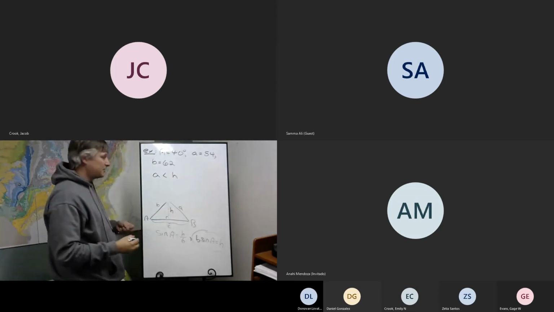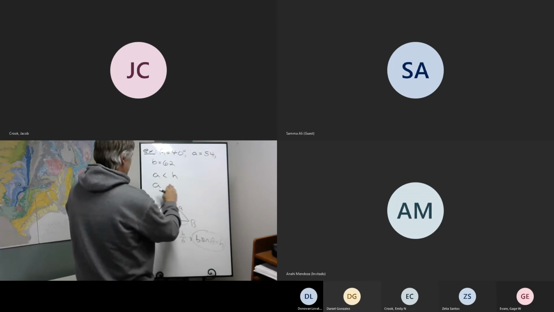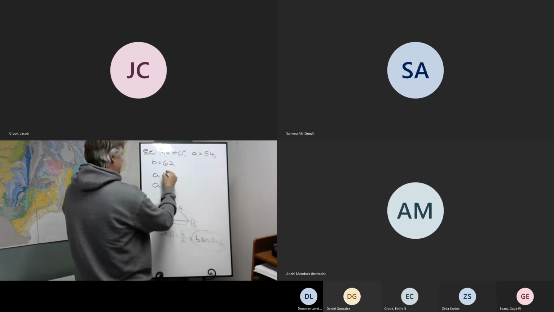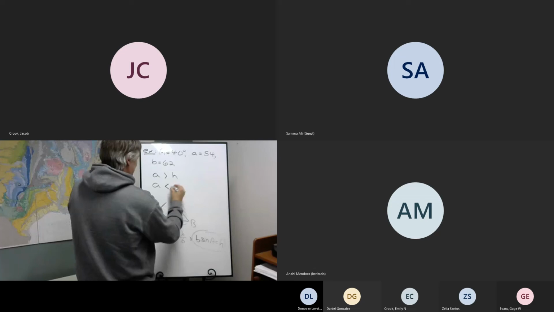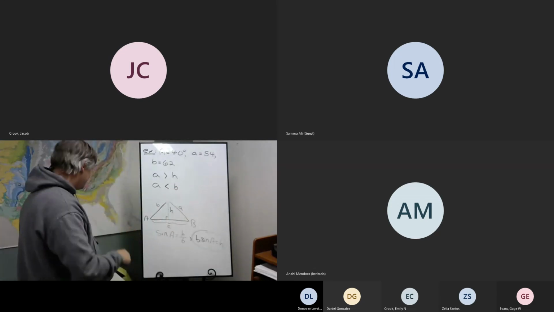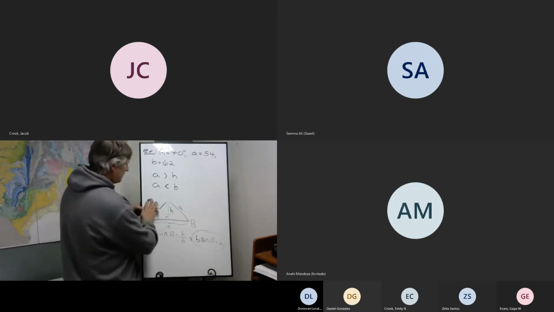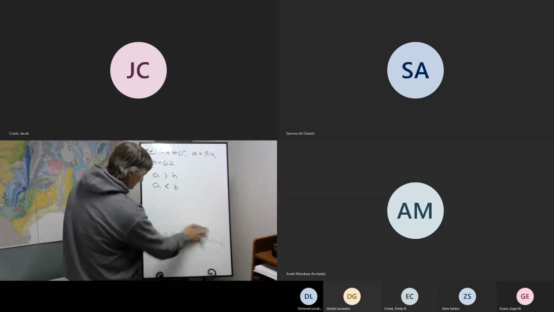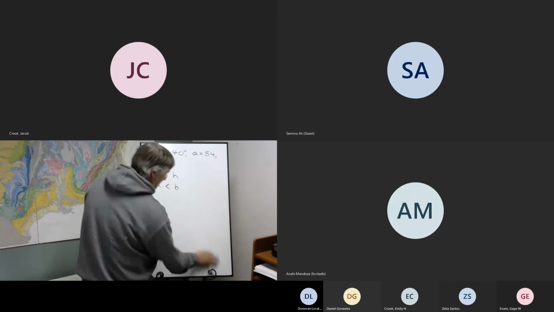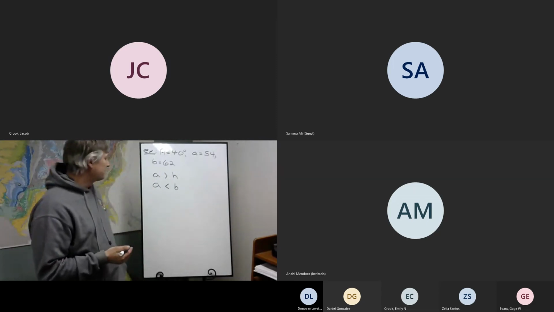A is less than H. But A, I'm sorry, it's greater than H, but it's less than B. So what does that do? What happens is we're going to have two possibilities for this triangle.